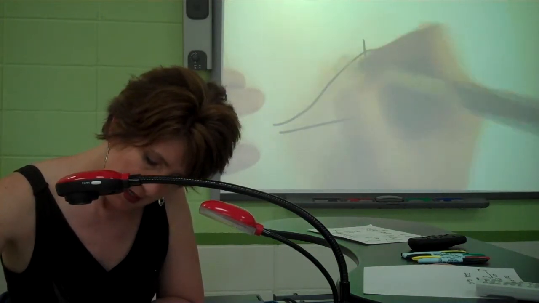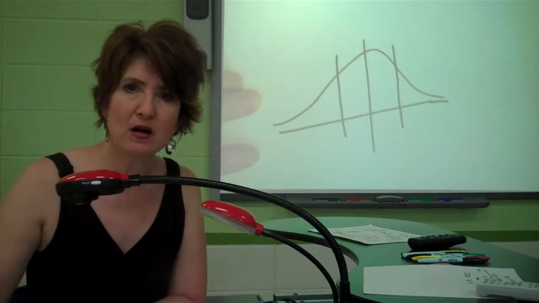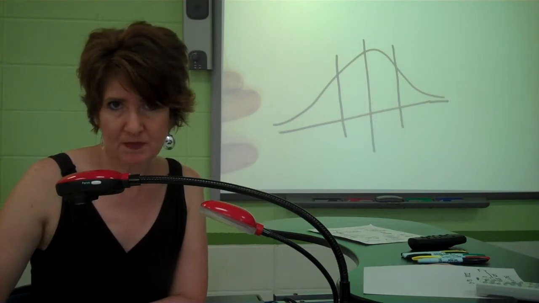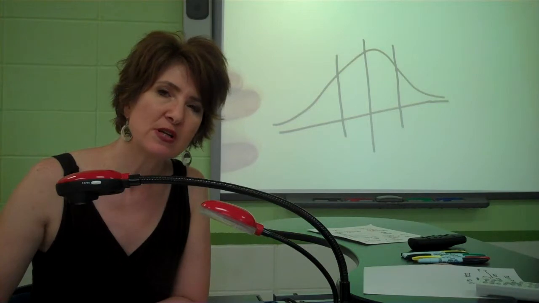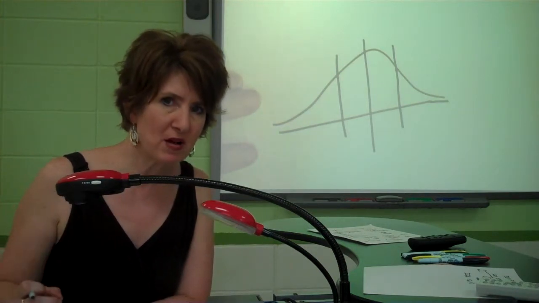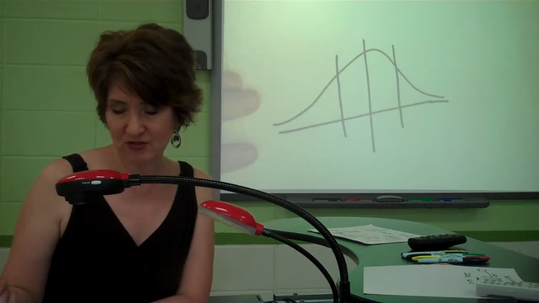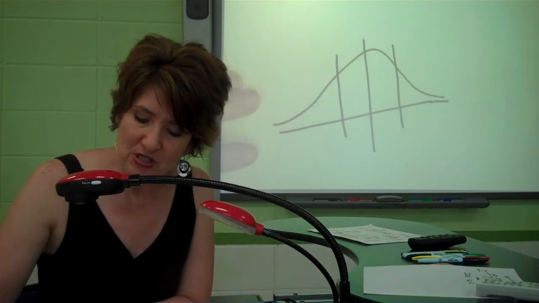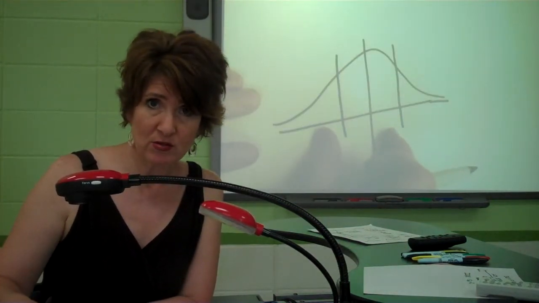If this is the mean, if I go out one standard deviation either side, and remember from the first video, the standard deviation is the average amount that the values vary from the average. So if we go out one standard deviation each way, then we have a whole lot of our data values.